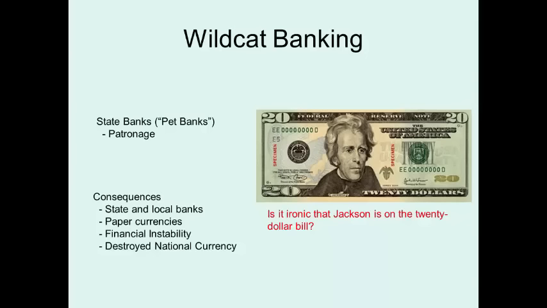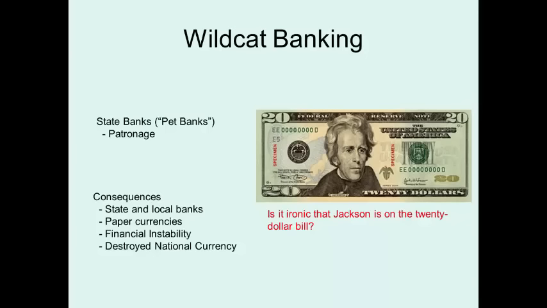We will also see hundreds of paper currencies appear, which is ironic because Jackson hated paper currencies. But the result of all these state banks popping up is that every single one of them has their own paper money. So hundreds of paper currencies appear, many of which were valueless. And as a result of all these state banks popping up and doing wildcat banking, the country is going to suffer from severe financial instability.